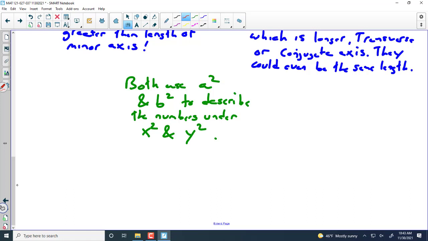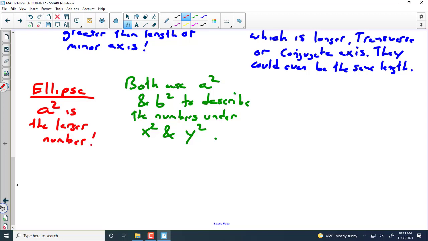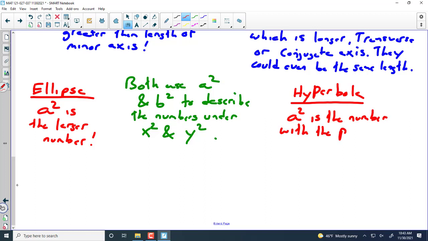But for the ellipse, a squared is the larger number. For the hyperbola, a squared is the number with the positive term, not always larger than b squared.